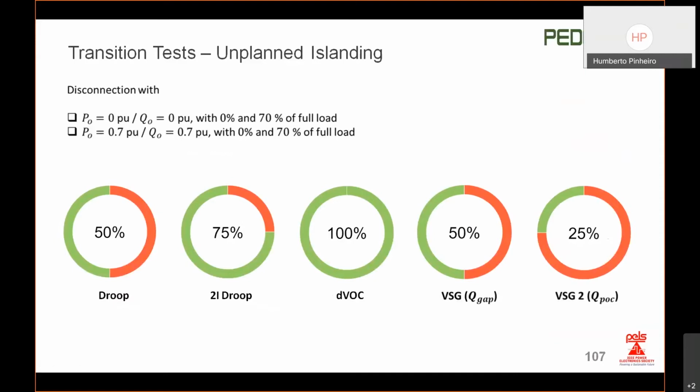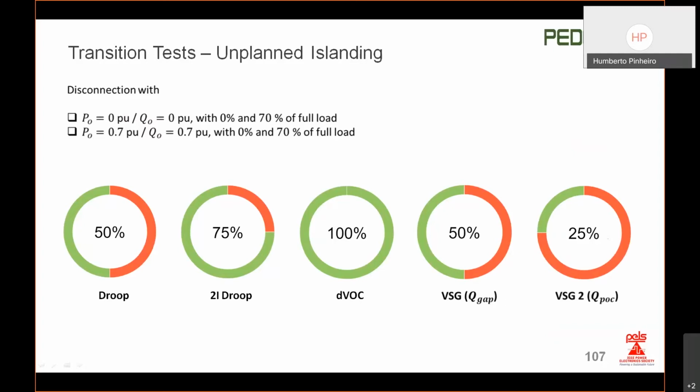So we move to the second test. This is the transition mode test that evaluated the steady state and transient behavior of power sharing and frequency when unintentionally disconnecting from the grid. These donut charts summarize the results. We disconnected with the set points of reference power at different levels, and we also considered different load conditions in the microgrid.